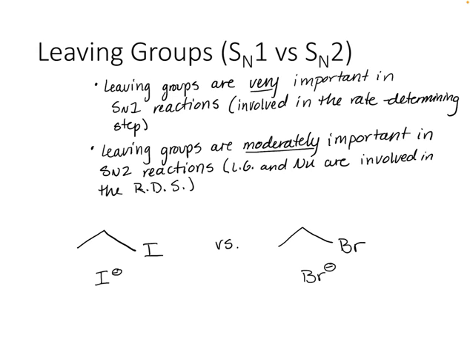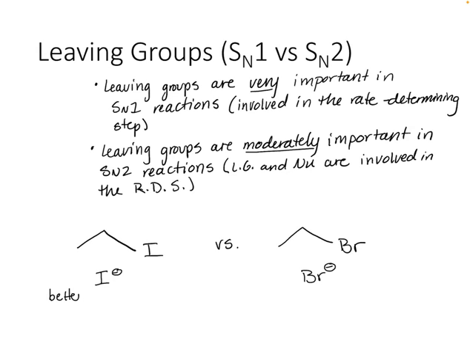So larger atoms can accommodate negative charges better. And we say that they're more polarizable, so they can kind of spread out that negative charge better. So is iodine larger or is bromine larger? Iodine, right? It's further down the column, and atomic size increases down a column. So iodine is the more stable leaving group.